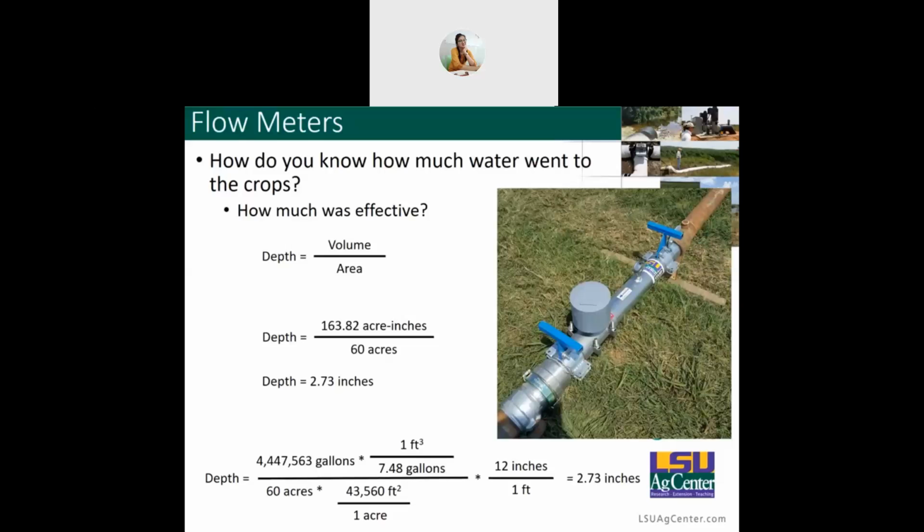Now, if my flow meter measured in a different unit, for example, gallons, it just makes the conversion a little bit more difficult, but still very doable. So on that bottom line there, you'll see that my depth is equal to that number of gallons, 4.4 million gallons, which I converted to cubic feet using the conversion of 1 cubic foot for every 7.48 gallons.